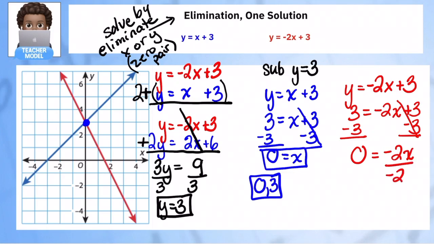I can divide by negative 2, divide by negative 2, x is equal to 0. So I still get the exact same solution. Hit pause and jot this down into your notes.